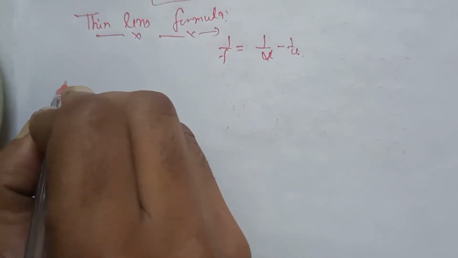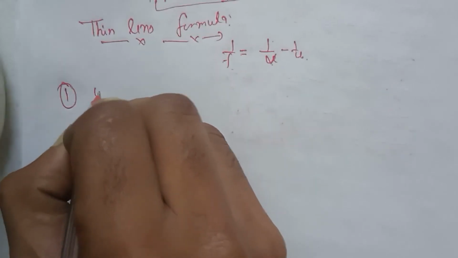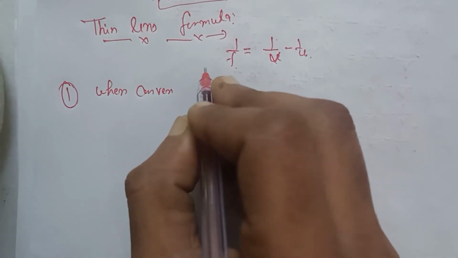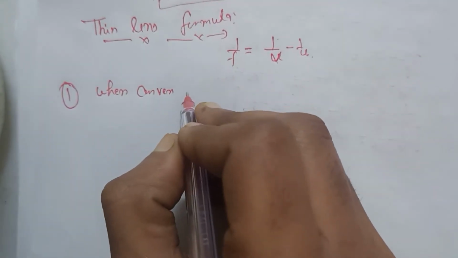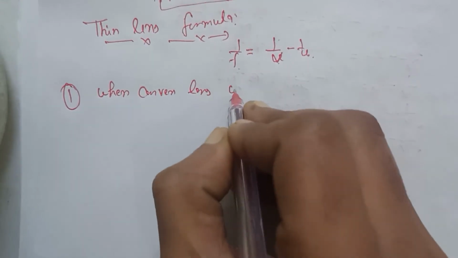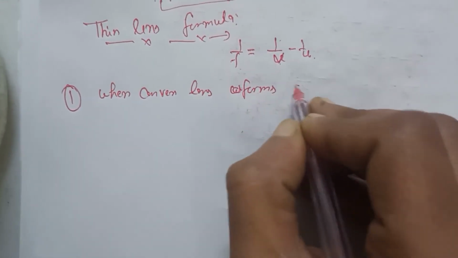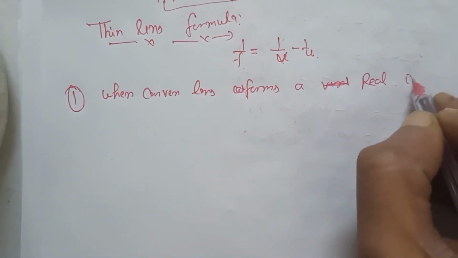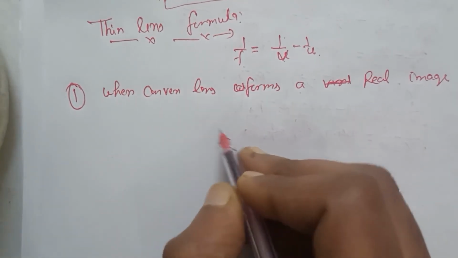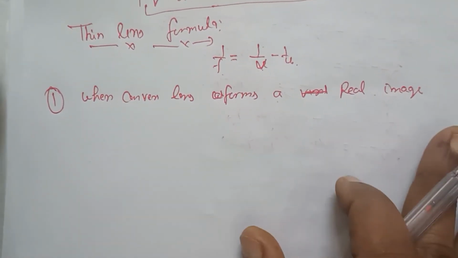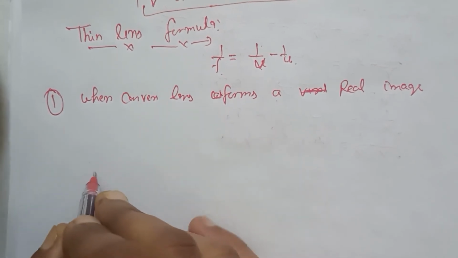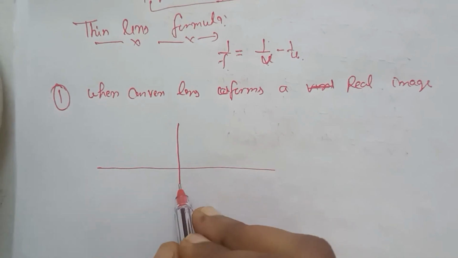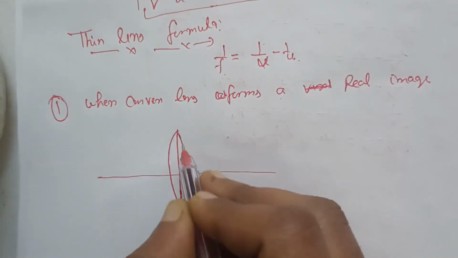Now the first topic, when a convex lens forms a real image. Now the ray diagram. This is the principal axis, and this is the convex lens.